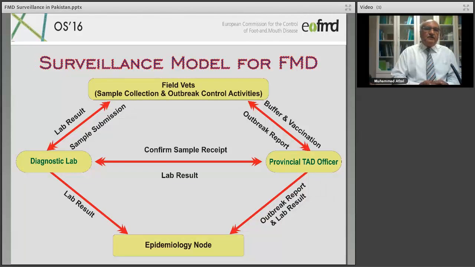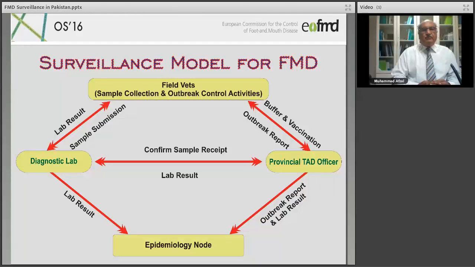This is the diagrammatic representation of the surveillance model for FMD. On the top there is a field veterinarian, who is the main force in improving the surveillance system, collecting the samples and submitting them to the diagnostic lab. You will also see the provincial TAD officer.